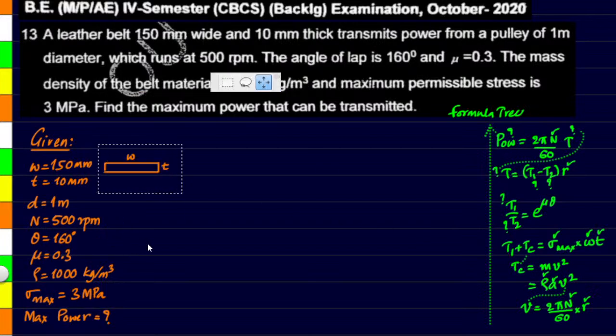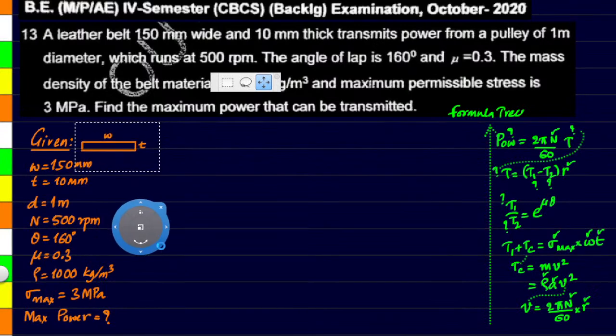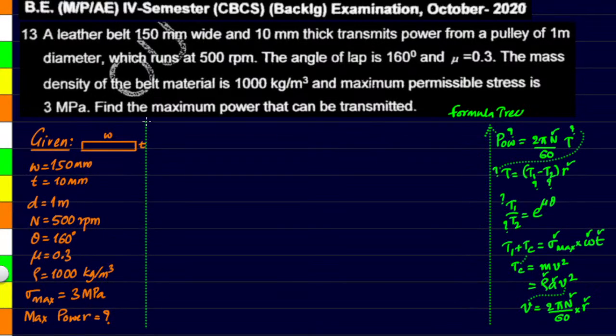So let me keep this aside a little, and we're going to use this space over here for calculations. First thing we have to do is find the velocity. Velocity is 2 pi n by 60 times the radius. 500 divided by 60 times radius. Diameter has been given, we need radius, 1 by 2.